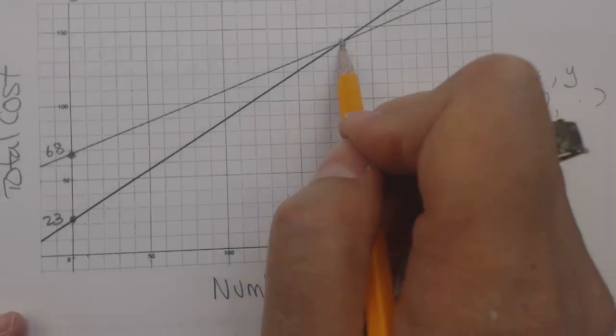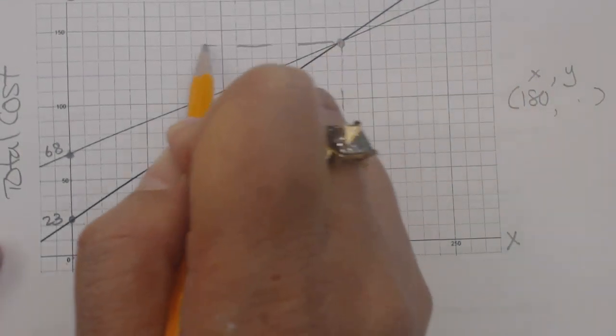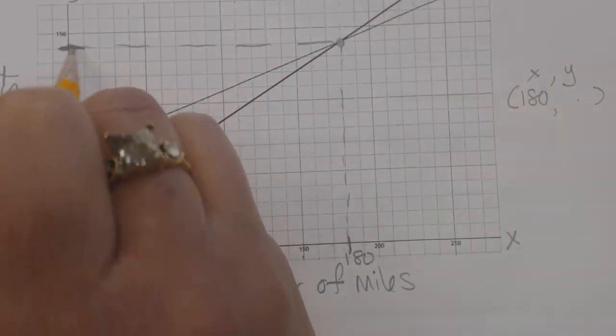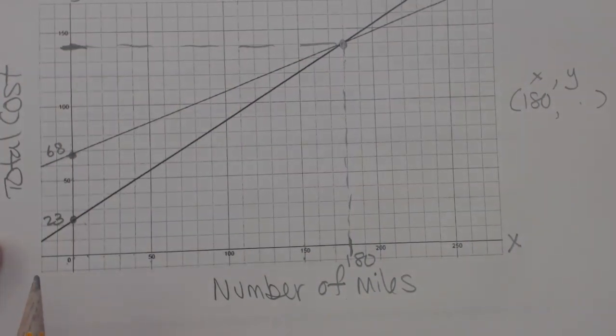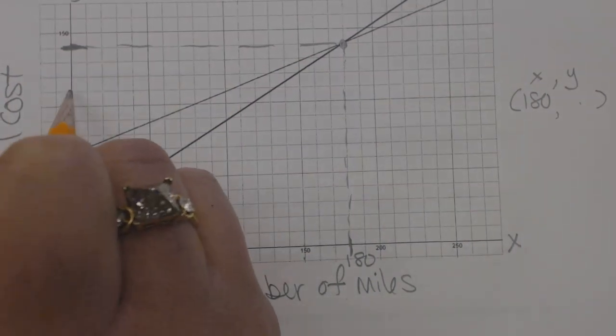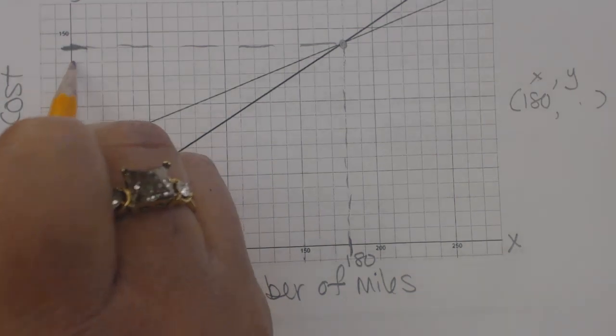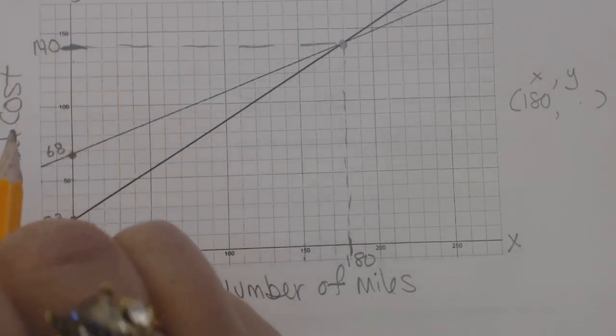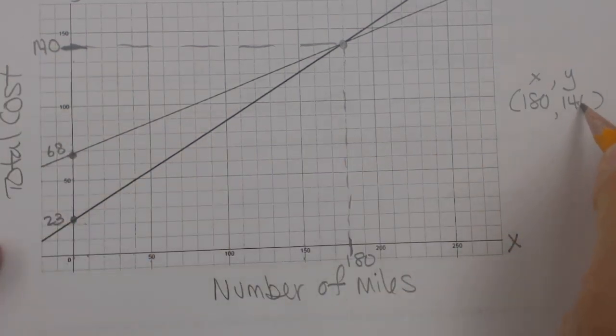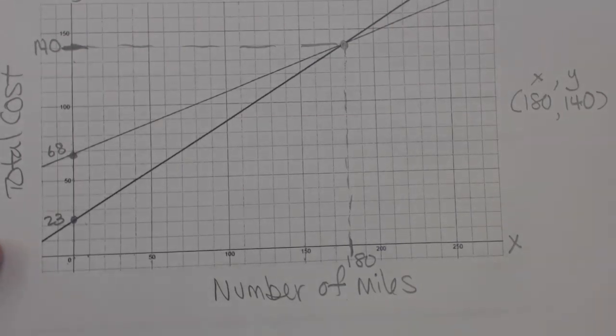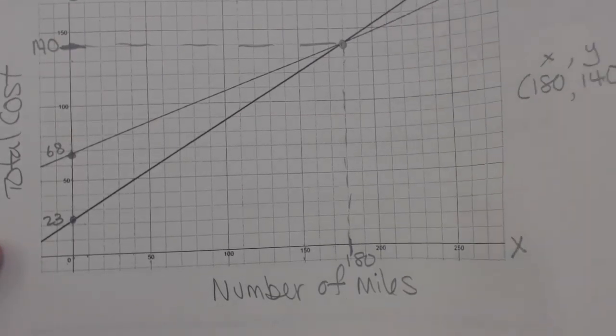Let's look for y. So I'm going to go back to my point, and I'm going to go over to locate that. Again, we're counting by tens as well. So this was 100 on yours, 110, 120, 130. This is 140. So that's my y value, 140. So this is where they meet, 180, 140. So let's write that down.